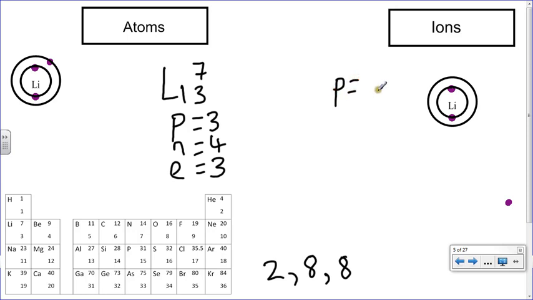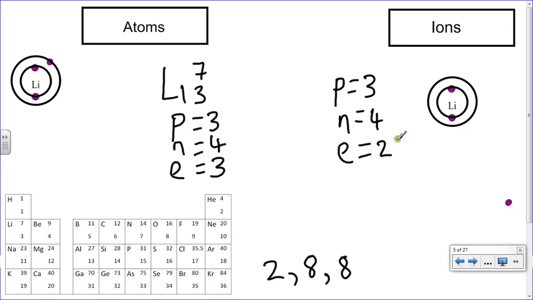Now nothing in the nucleus changes when we're doing chemistry, and when we're looking at ions, it's only the electrons that change really. So the protons are the same as it was before, the neutrons are the same as they were before, but the electrons of course have changed. It's lost 1 electron, so the electrons are now 2.